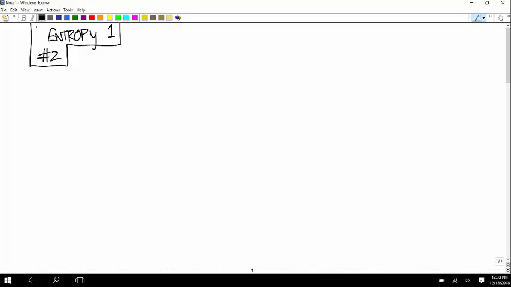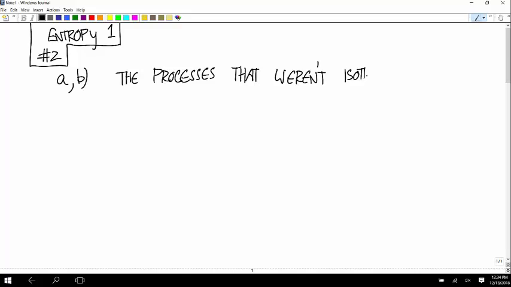So we found, we did A and B because we knew that the processes that weren't isothermal were both adiabatic and reversible.